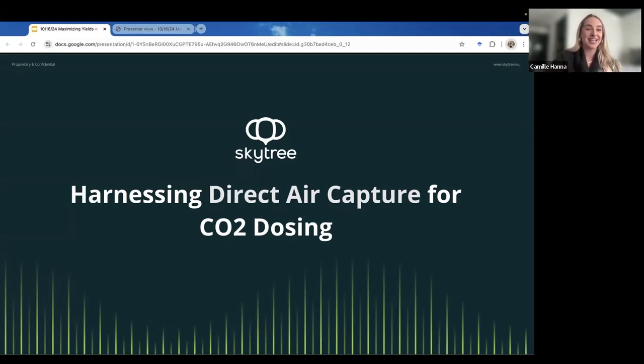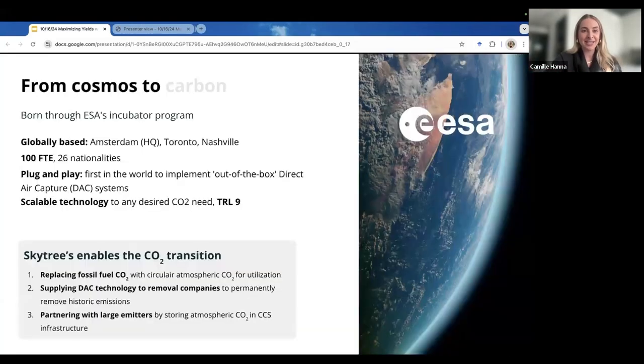So I don't think there's one silver bullet in solving the CO2 supplementation challenge and improving its sustainability. But I do think that direct air capture plays a very important role among these other technologies that David and Dick just talked about. So with that, we can jump into the next slide.